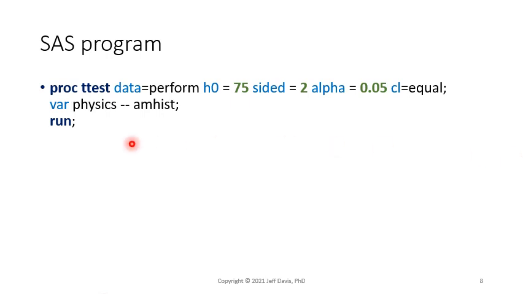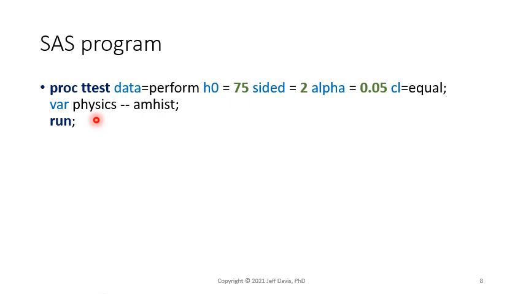Oh, and then for the variables, I have 4 variables, and if you remember, I created the variable physics first and American history last. So at this point, I don't have to write out each of the 4 variable names.